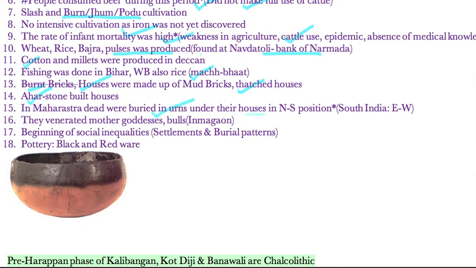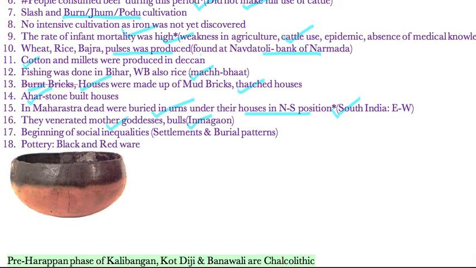Especially in Inamgaon there is a special case which is given in NCERT, and they were generally placed in north-south direction in Maharashtra. But as you go to South India, you will find that the dead were buried in east-west direction.